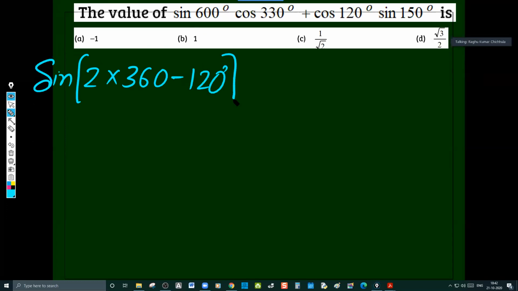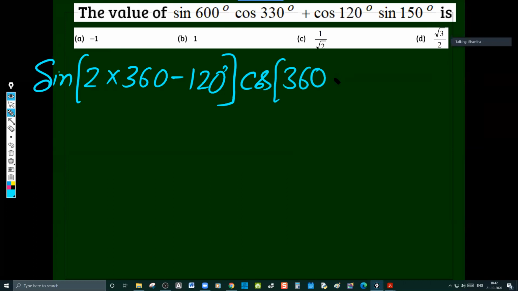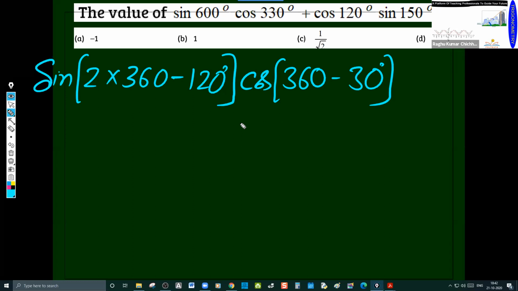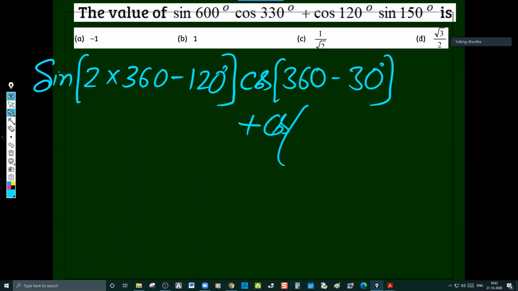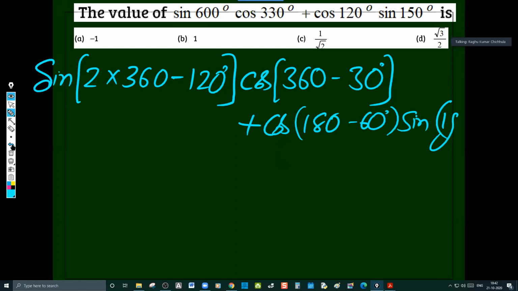And tell me how cos 330 degrees can be written? It is 360 minus 30, plus cos 120, 180 minus 60. Correct. And sine 150, 180 minus 30. Correct.